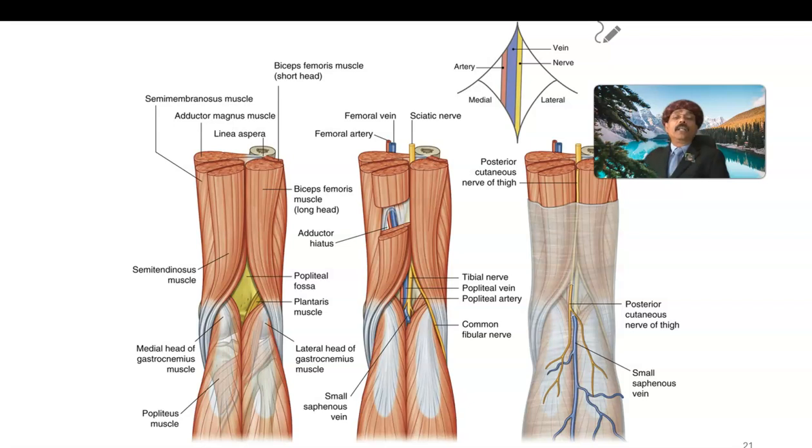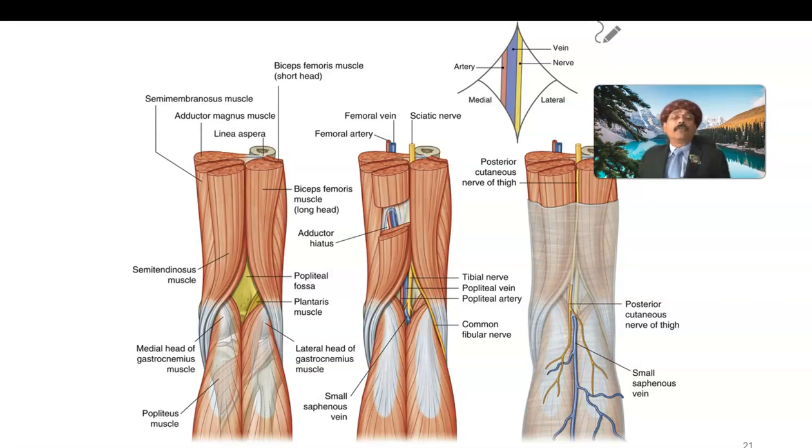Okay. Here is the popliteal fossa, a diamond-shaped fossa, bounded above and medially by the semimembranosus and semitendinosus, above and laterally by the biceps femoris, below and laterally by the lateral head of gastrocnemius plus plantaris, and also partly by the popliteus.